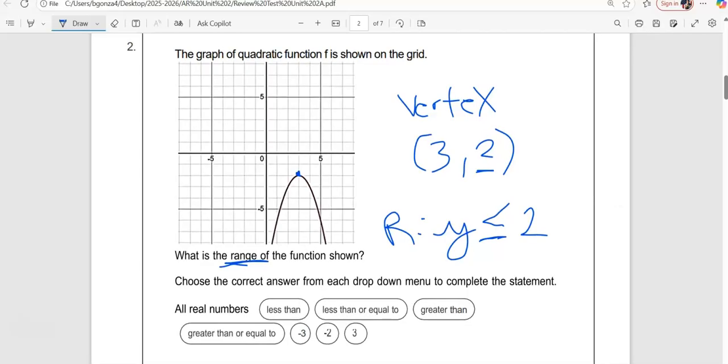So, all real numbers less than or equal to, and my bad, that's supposed to be negative 2. Less than or equal to negative 2. Cool.